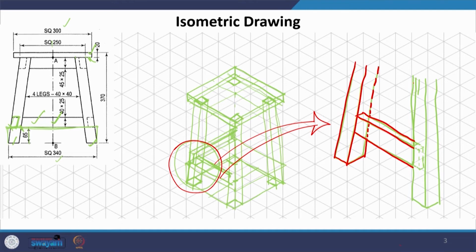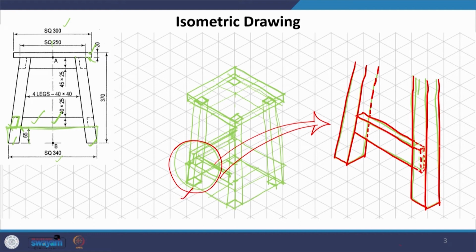That is how it is. This is solid because it is coming in the front. This is again dotted. This is how you will actually see this portion and all others.